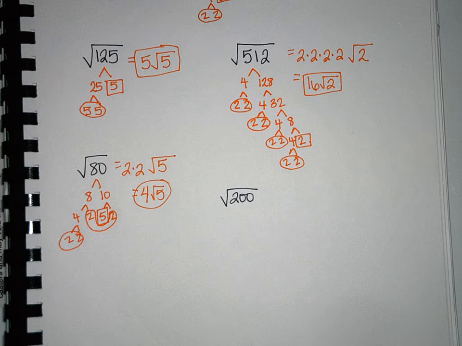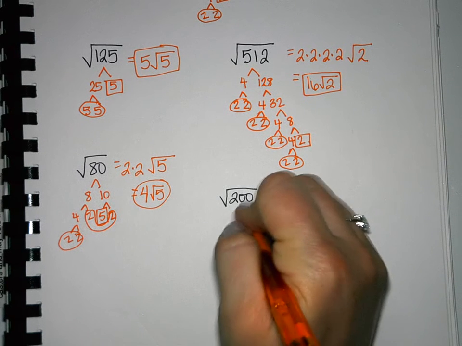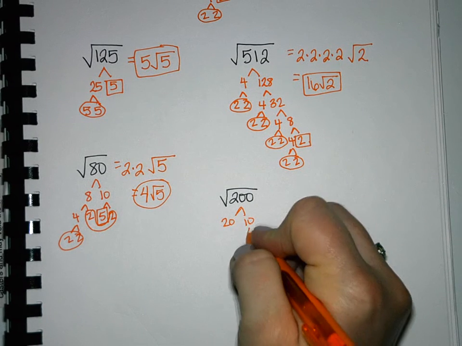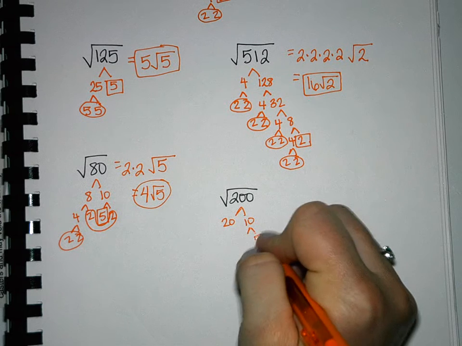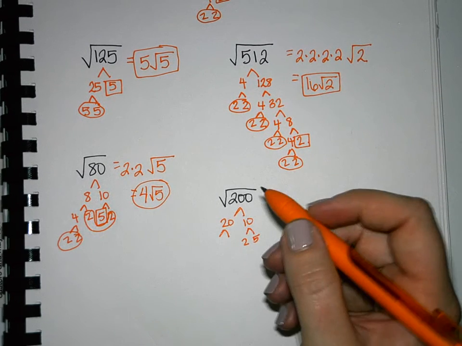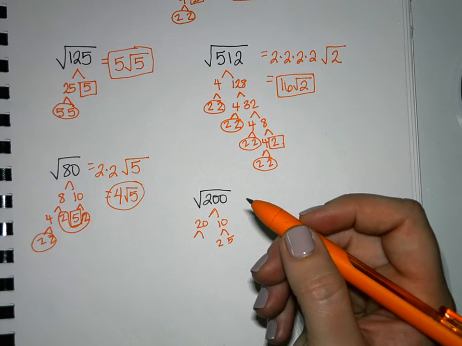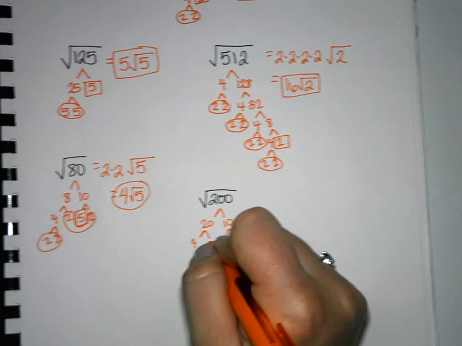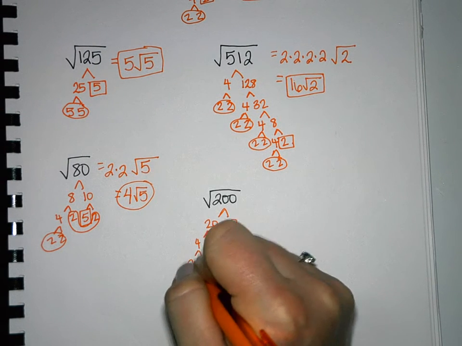Justice, what two numbers did you get to multiply to 200? 20 and 10. Okay, so then 10 we can do 5 and 2. And then for 20, what 2 did you guys use for 20? 4 and 5. And then 4 goes 2 and 2.